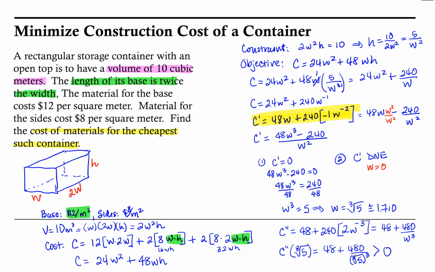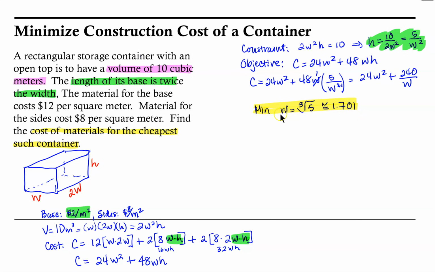And so because the second derivative is positive, we know that the function is concave up, and we have a relative minimum at our critical point. And so now we know we have a minimum where w equals the cube root of 5, which is approximately 1.701. Now, remember, we're trying to minimize the cost of construction, and here is our cost function.